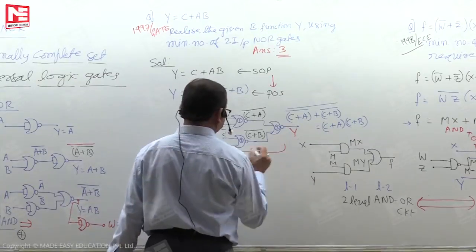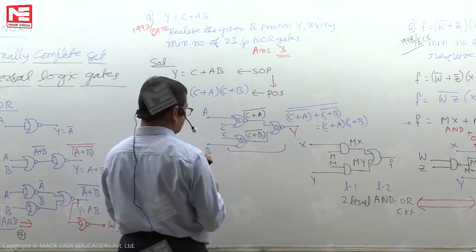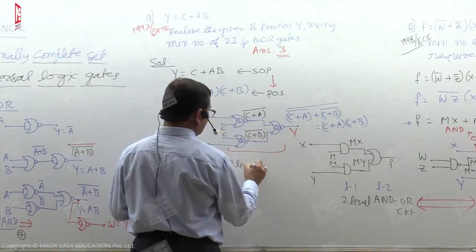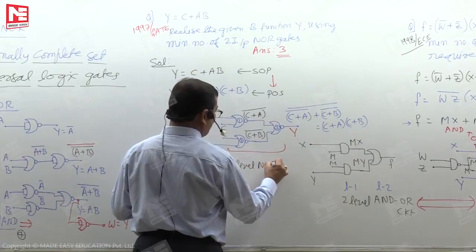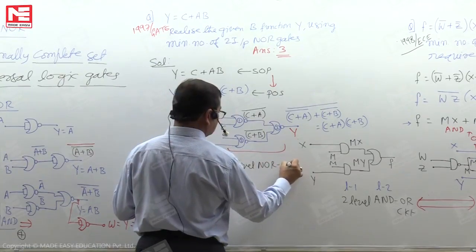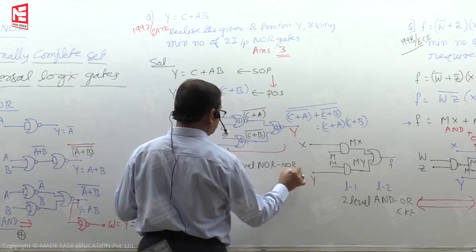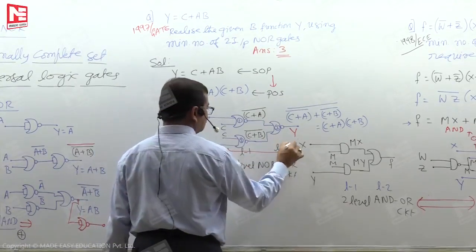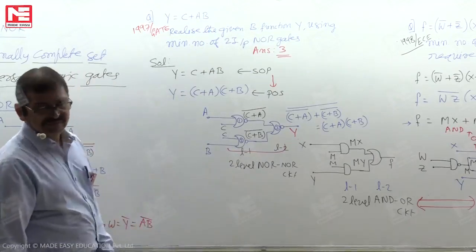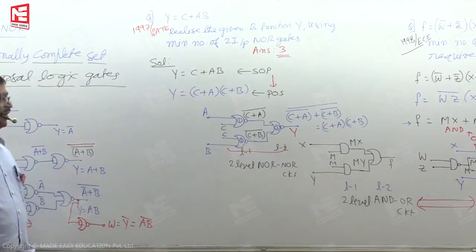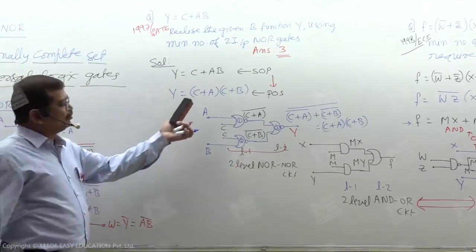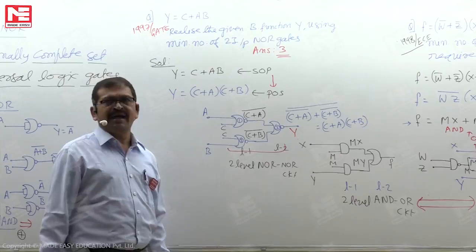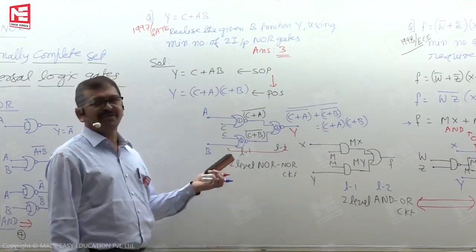And of course, similar to the previous discussion, we must call this a 2-level NOR circuit. At level 1 we have 2 NOR gates in parallel, and at level 2 one gate. Suppose the POS expression has 3 sum terms, then 1 more NOR gate will be there.